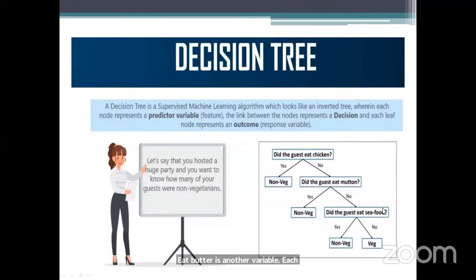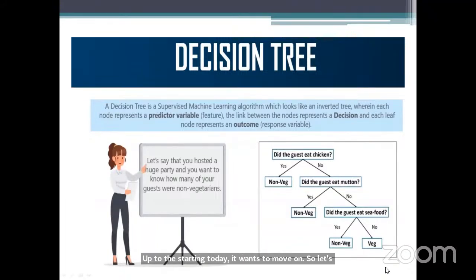Three variables I have taken. So each node represents a predictor variable that will help you conclude whether a guest is non-vegetarian or vegetarian. As you traverse down the tree, you make a decision at each node until you reach the dead end. Okay, that's how it works, from the start to the end.